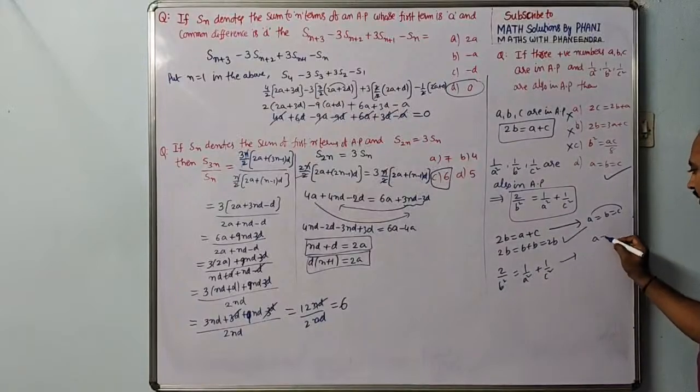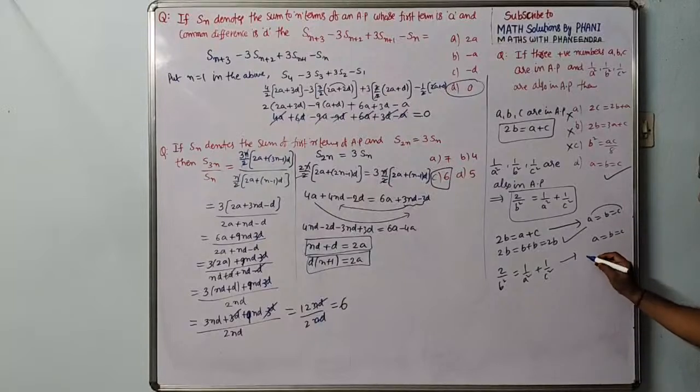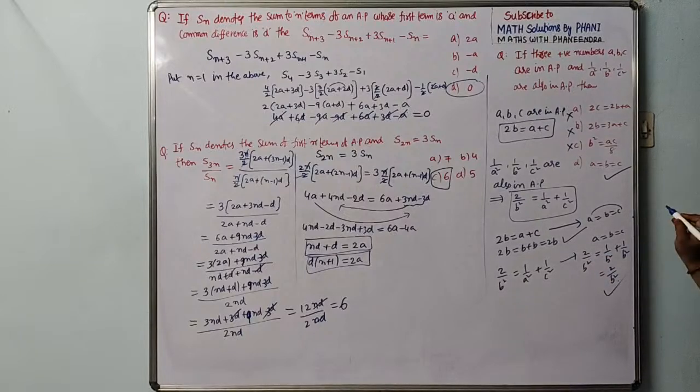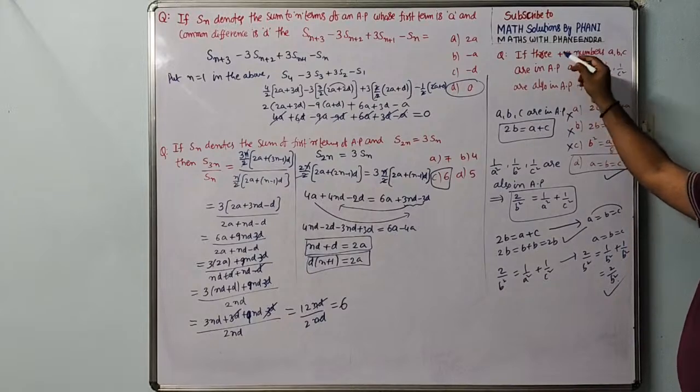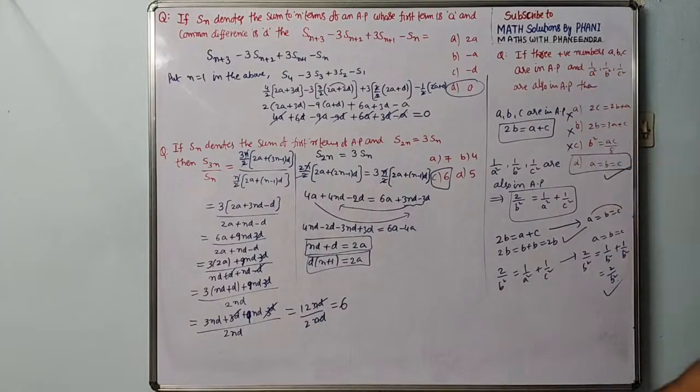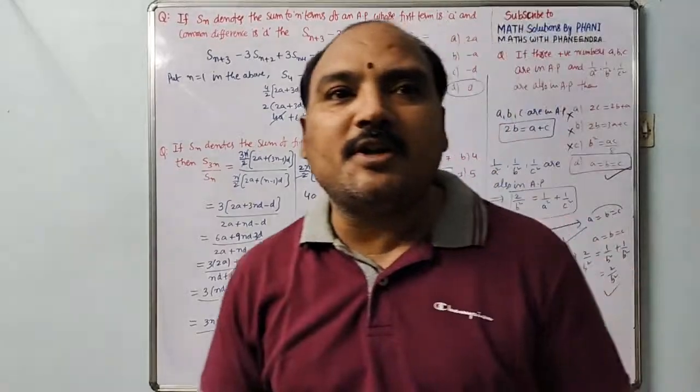Here also I am checking the condition a equal to b equal to c. So what comes here? 2 by b square equal to 1 by b square plus 1 by b square. So that's 2 by b square. LHS equal to RHS we are getting. So only for this condition are these two series in AP. It is possible. I hope everyone understands this, students.